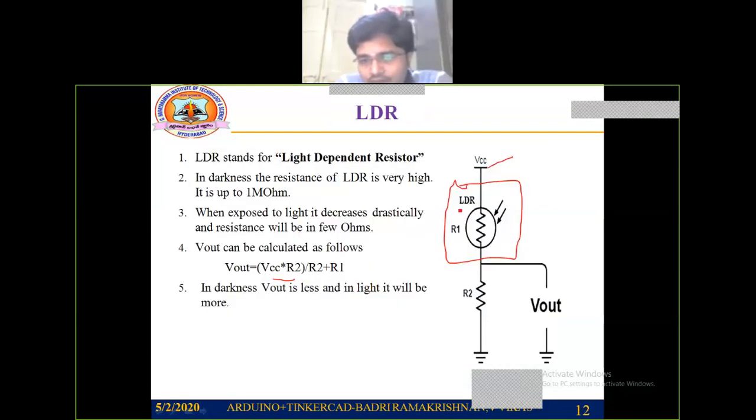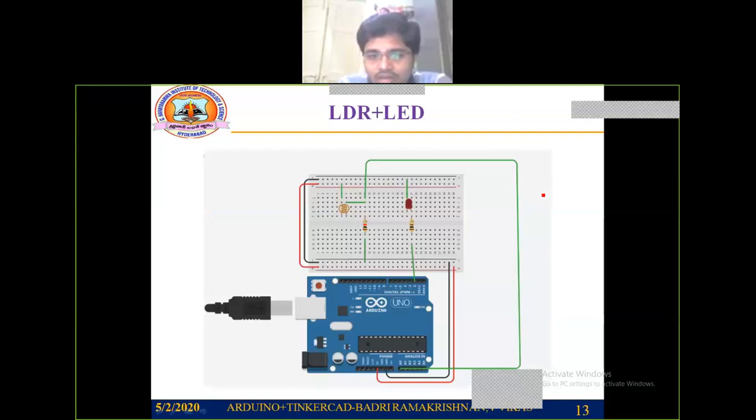This point will give me the V output value depending on the resistance value of the LDR. This point I am taking and giving to the A0 pin, so that I will be able to check what voltage we are getting depending on the resistance of this LDR.